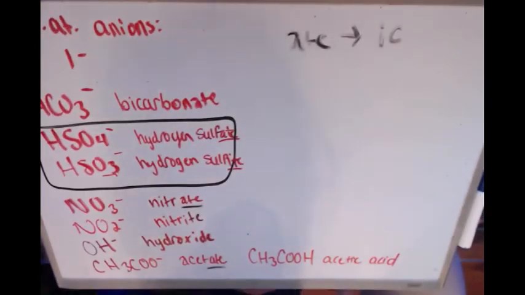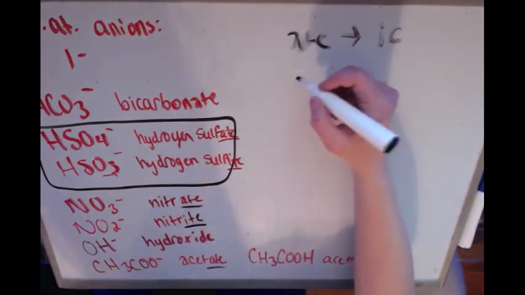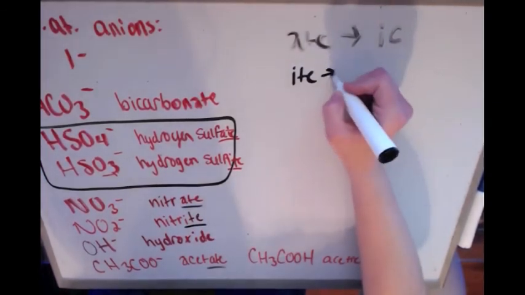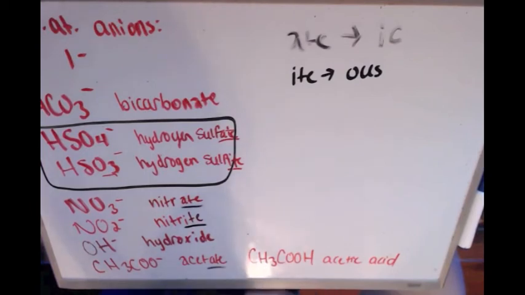Okay, that's important. When you have something ending in ite, it turns from ite to ous, O-U-S. Okay, and that's when you add a hydrogen.